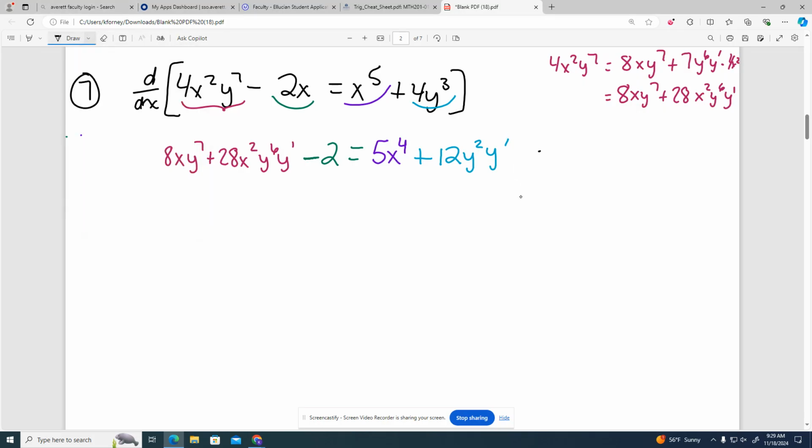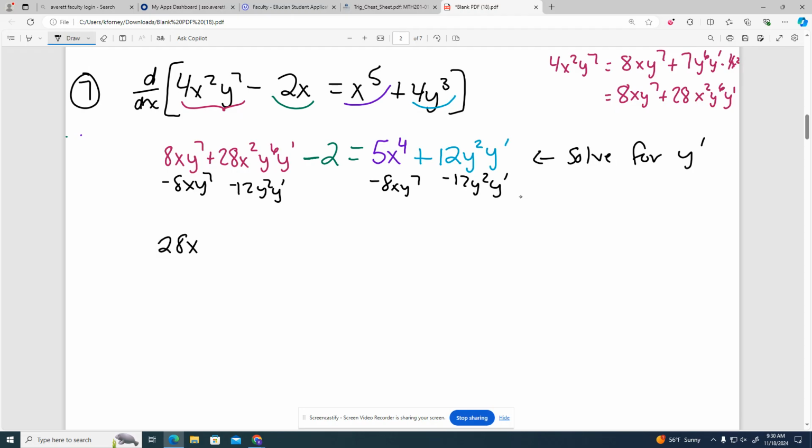And now we want to solve for y prime. So we have to get y prime on one side. I am going to subtract the 8xy to the 7th and then subtract the 12y squared y prime. So that becomes 28x squared y to the 6th y prime minus 12y squared y prime. Oh, and I guess I should add the 2.